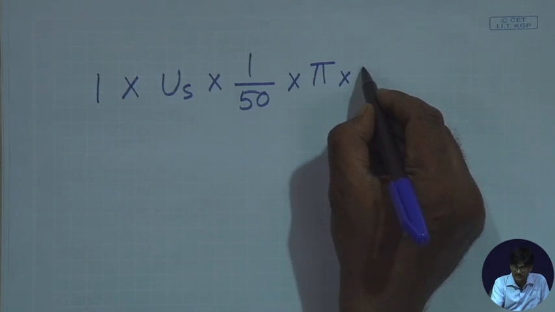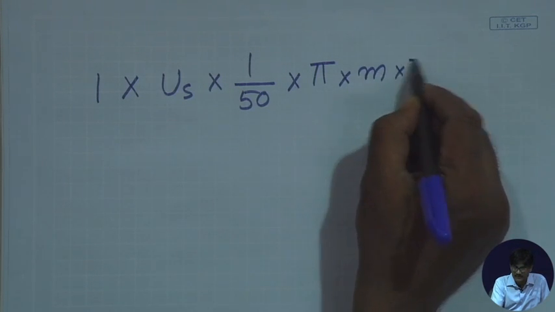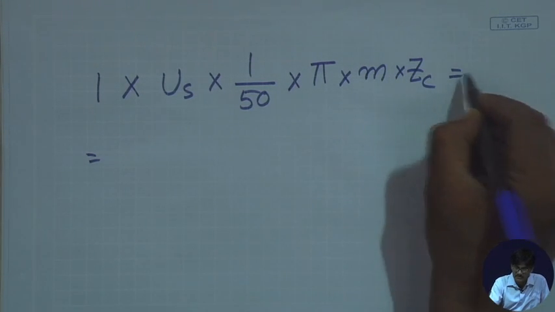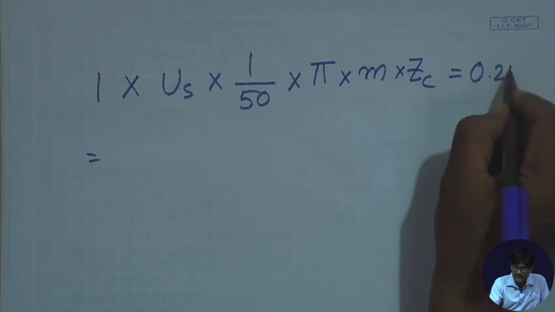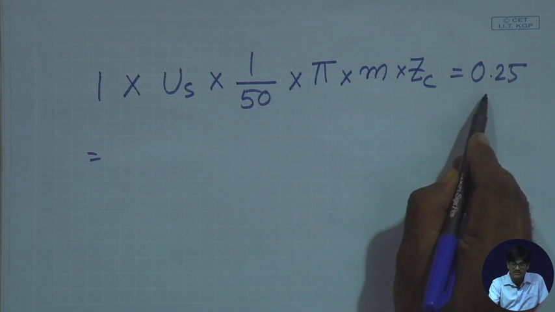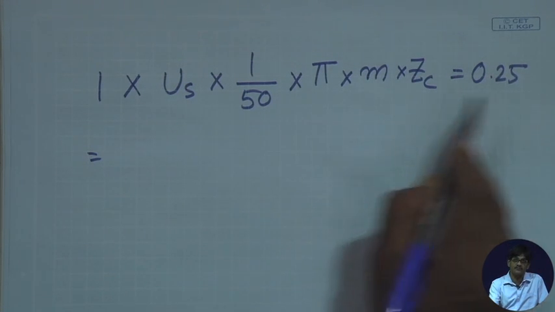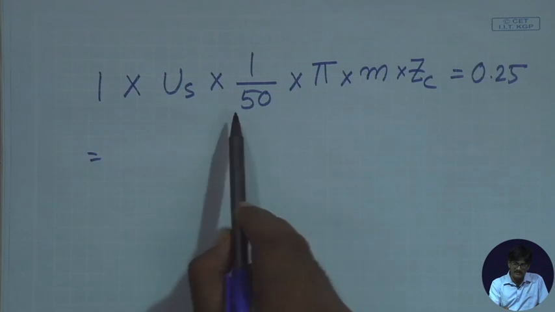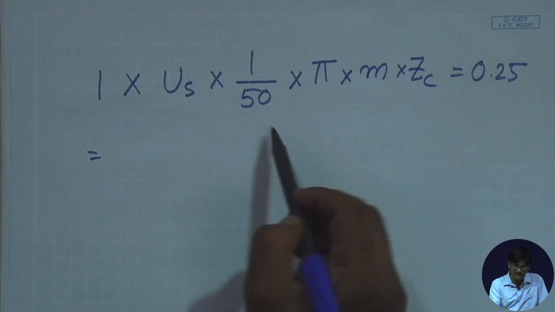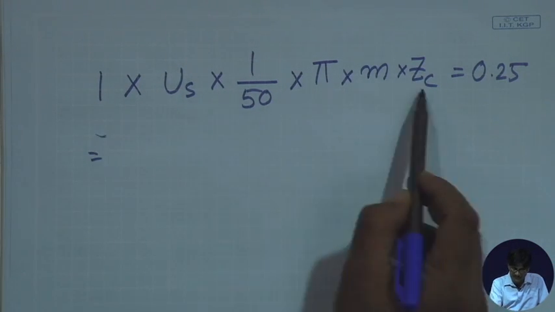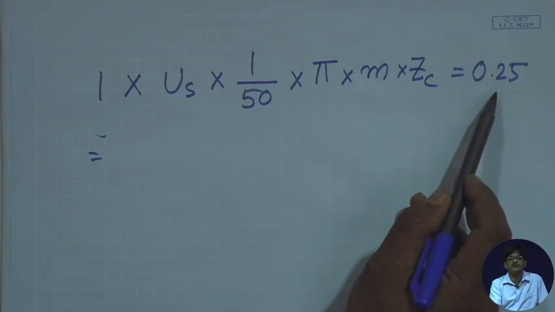Z means cutter number of teeth. This circumferential movement must be equal to 0.25 millimeters, and for that we will solve for US. So, once again, all this is the rotation of the cutter for one stroke, and I multiply the circumference, I get the circumferential movement, and I equate it to 0.25 millimeters, which is the circumferential movement of the cutter.